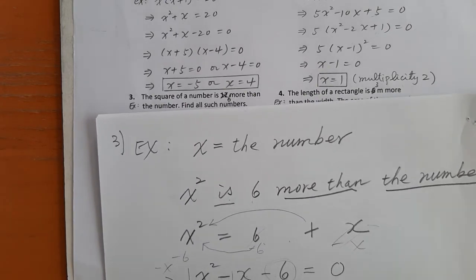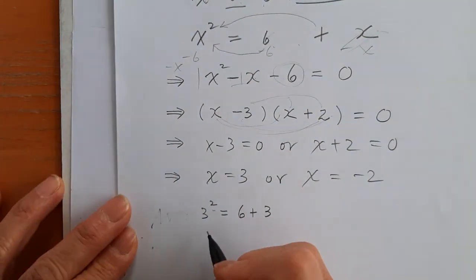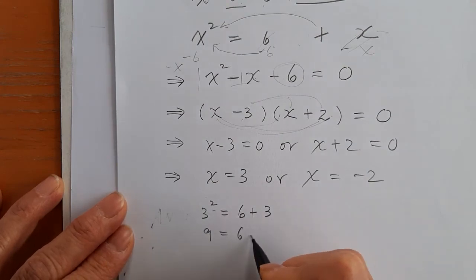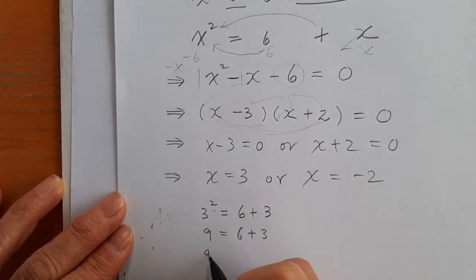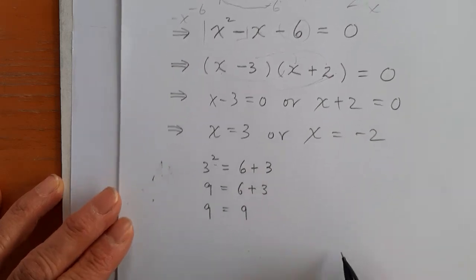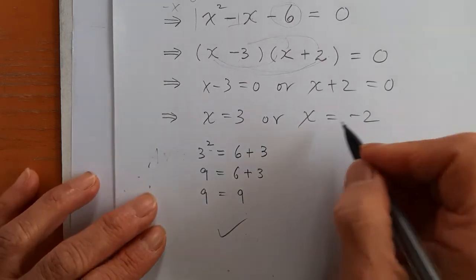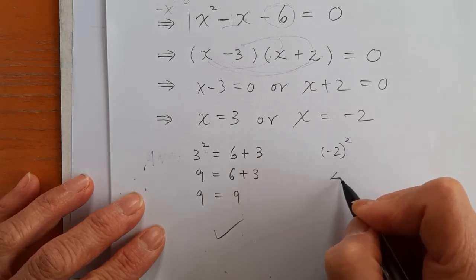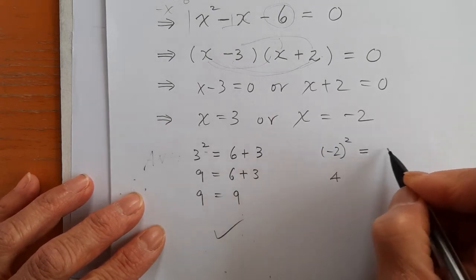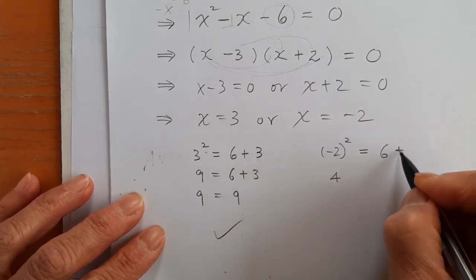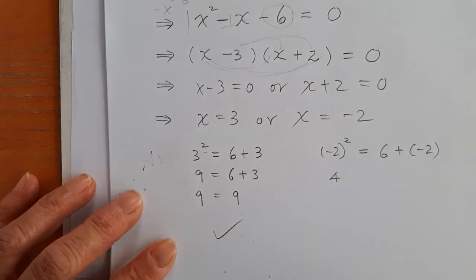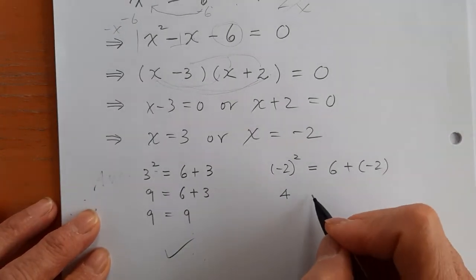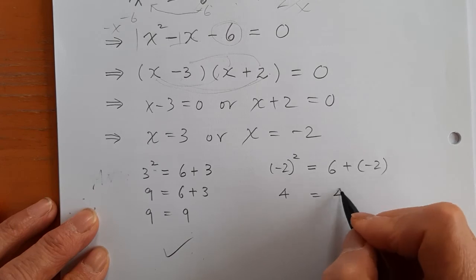So 3 squared is 9, equal to 6 plus the number, which is 9. That checks. And for negative 2, the square of the number, negative 2 squared, is 4. Is that equal to 6 more than the number? 6 plus negative 2 is also 4.